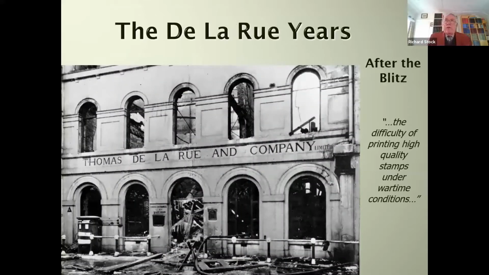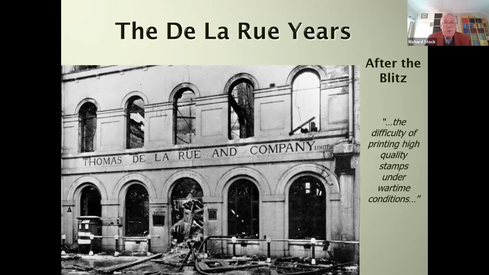During that period, De La Rue had a really significant problem because their premises were bombed during World War II, and they had great difficulty providing stamps to most of their overseas customers, which meant that they had to use substitute paper, different inks, and a lot of local overprinting and surcharging went on in order to provide locally in various countries the stamps that were needed.